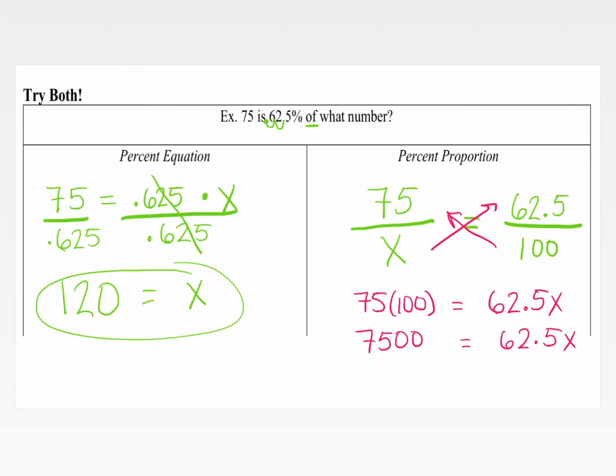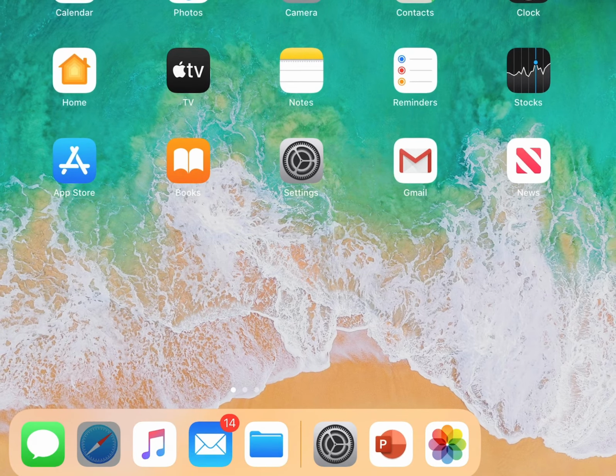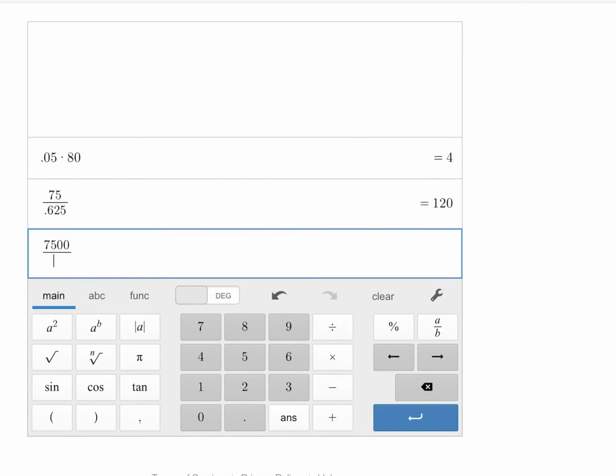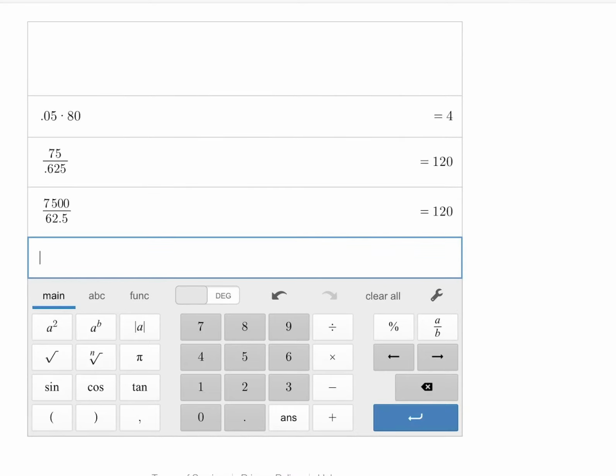This is really 62.5 times x. So we're going to come in with the inverse, which is division. So divide both sides by 62.5. And we'll just be left with x on the right-hand side. On the left-hand side, I'm going to head over to Desmos. 7,500 divided by 62.5 gives us 120.